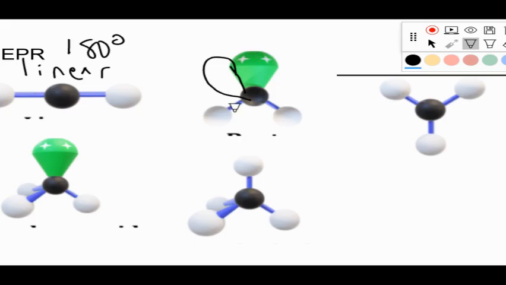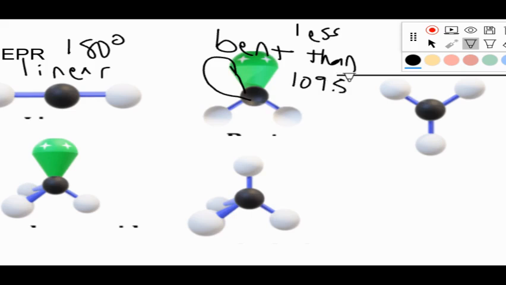And in this one, we have 2 shared and 2 unshared regions. This is what we call bent. Because of these unshared pairs, it is pushing the bonds down. And in a bent, we just say that the bond is less than 109.5.